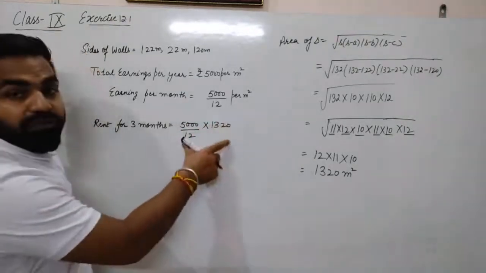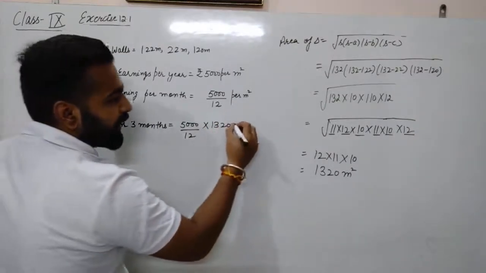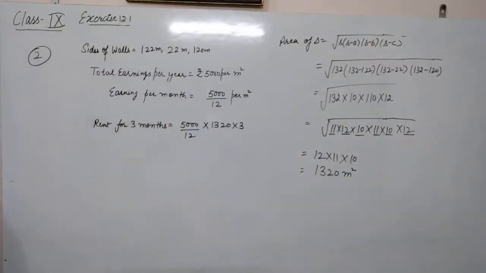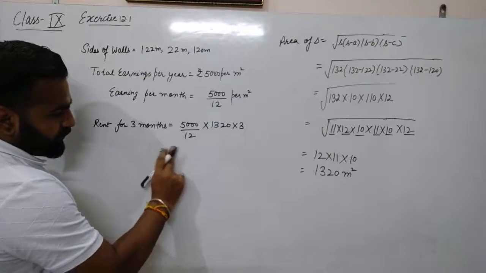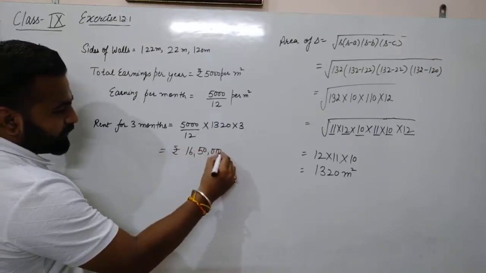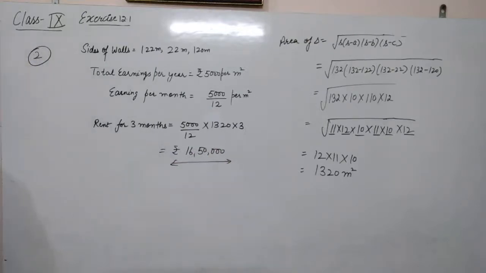This is earning for 1 month for this amount of area, and we have to calculate for 3 months, so we will multiply it by 3. So the answer will be 16 lakhs 50,000. So this will be the total rent for 3 months.